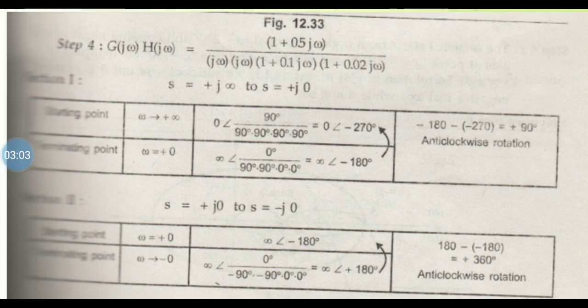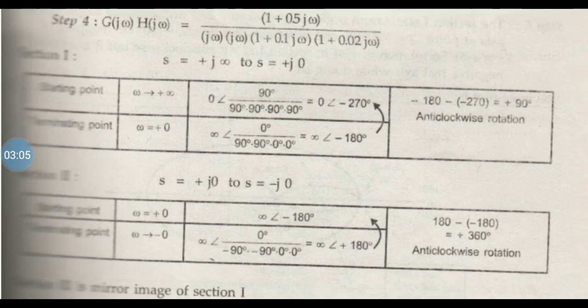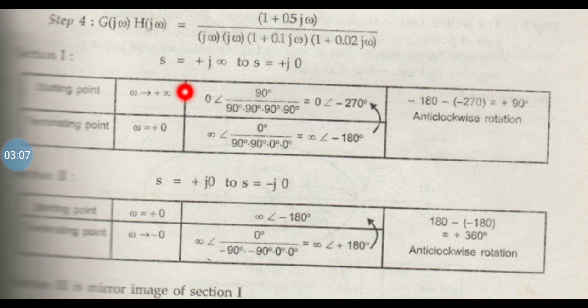Starting point, omega tends to infinity. So we get the magnitude, and we have to find the angle. When omega is infinity, magnitude is 0. Angle will be 90 degrees for the numerator term and 0 degrees, and you have to find tan inverse of that.